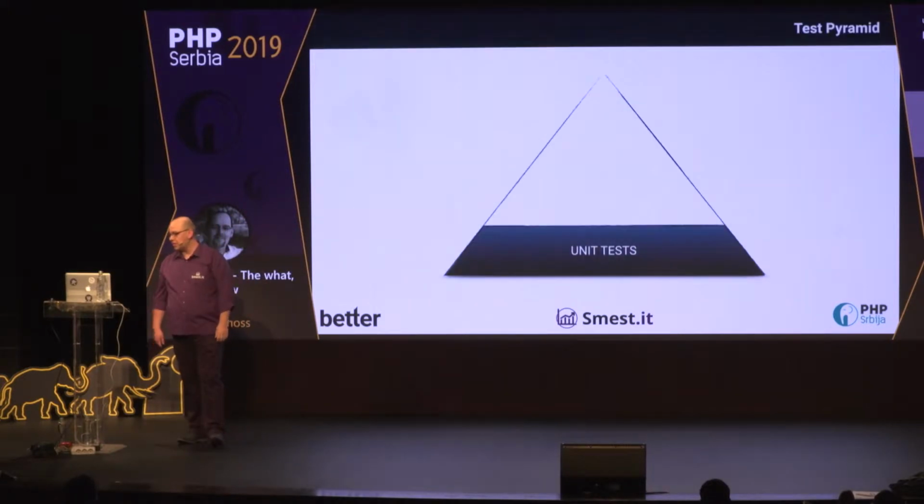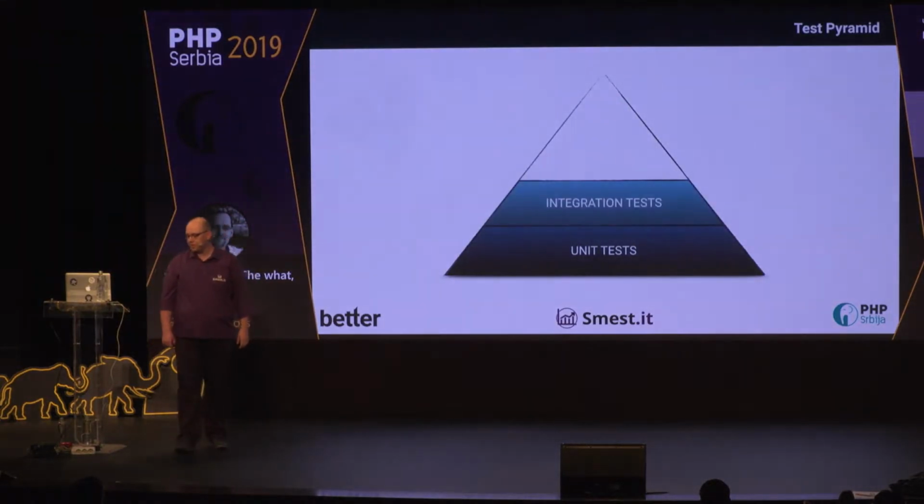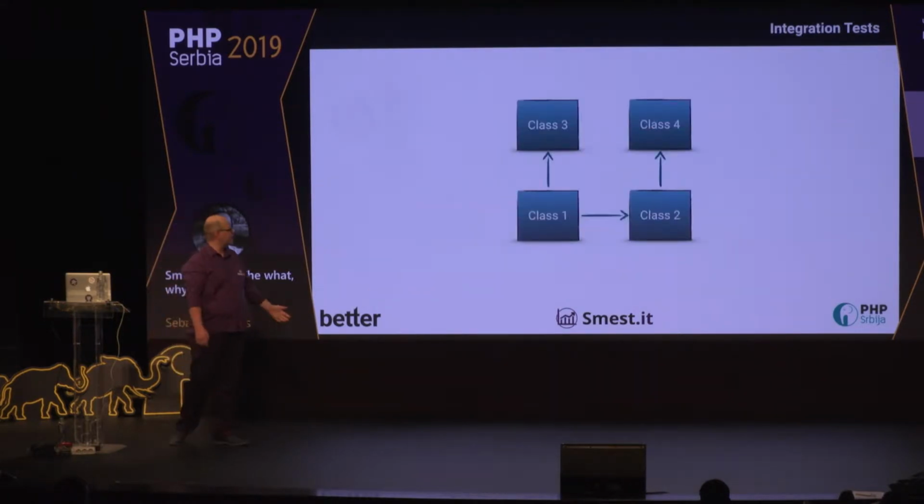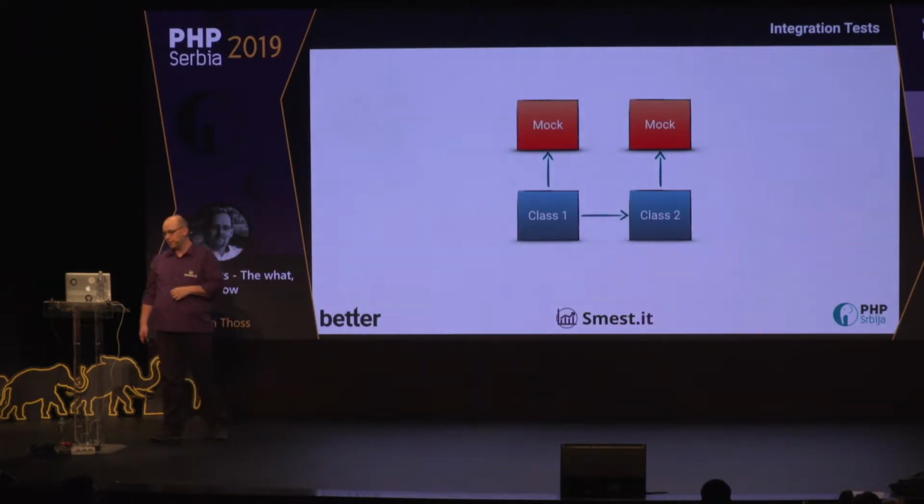So the next layer coming up is integration tests. And with the integration tests, we have the same example. This time we want to test exactly the integration between class 1 and 2. So don't forget these integration tests. These are necessary to make sure that if you change one unit, the other unit can still work with this. So therefore, you mock just the class 3 and 4.